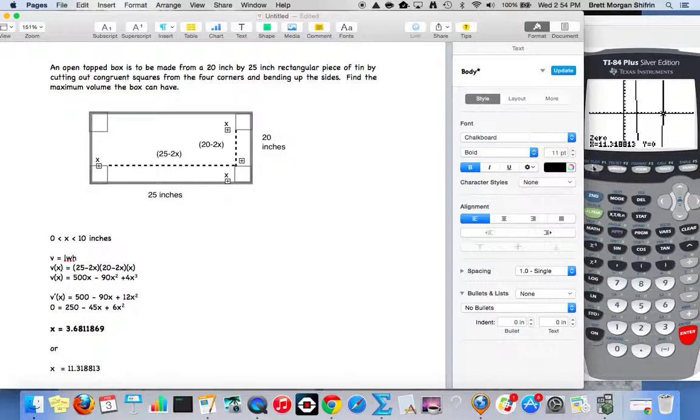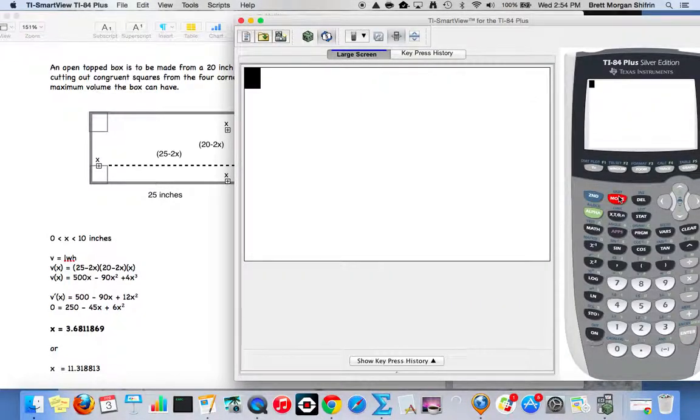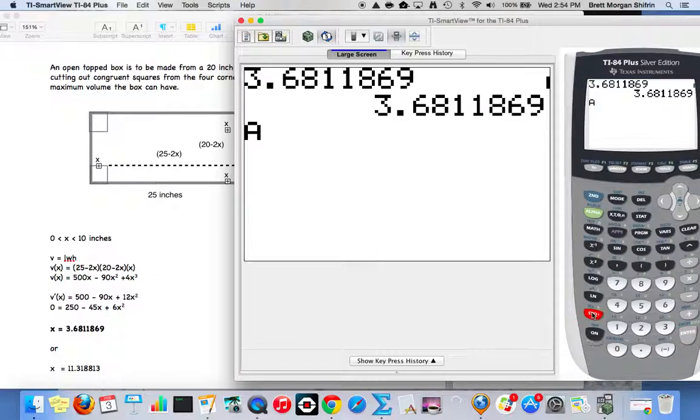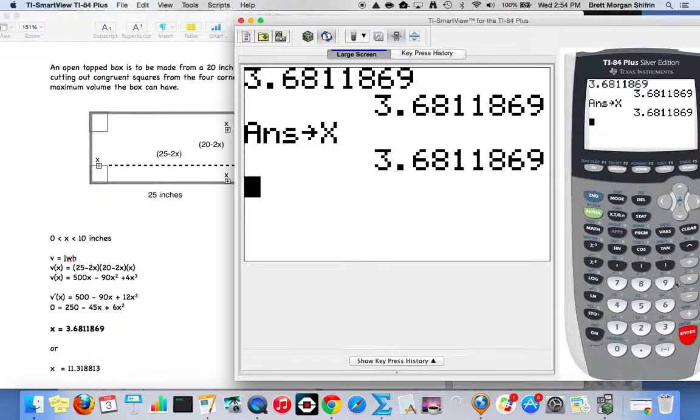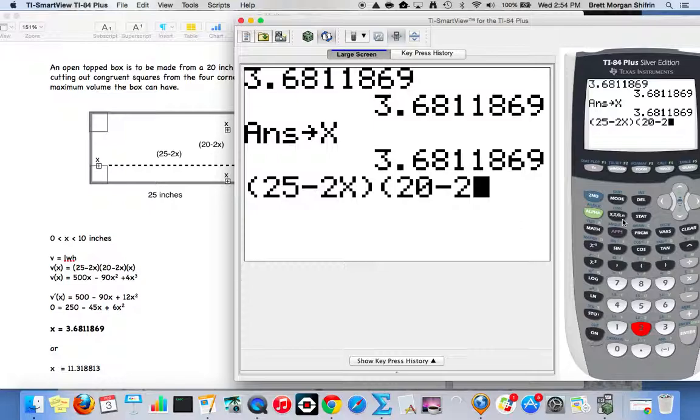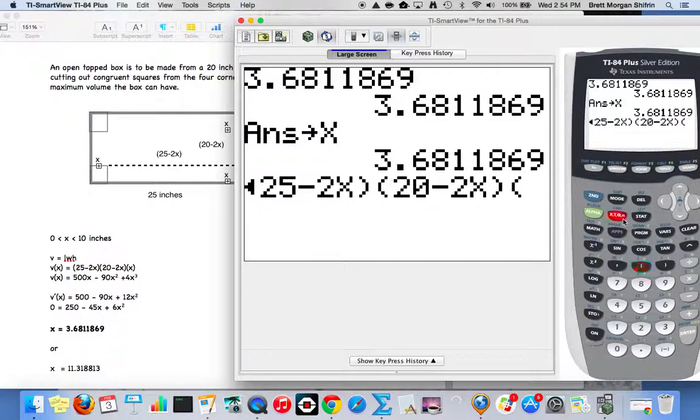But let's just test it. I'm going to go back to my home screen, and I'm going to type in 3.6811869. I'm going to store it as x, and now I'm going to type in my function, 25 minus 2x times 20 minus 2x times x.